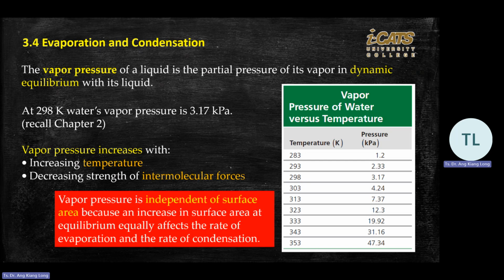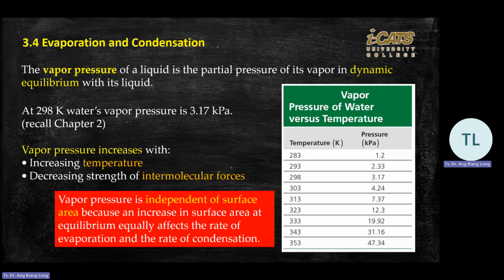Vapor pressure increases with 2 factors. One is temperature, one is intermolecular forces. Which is again back to the first slide just now. We are talking about energy and intermolecular forces. Thermal energy, in other words, is temperature. So basically, the whole chapter 3 is linked with these 2 things: intermolecular forces and temperature.